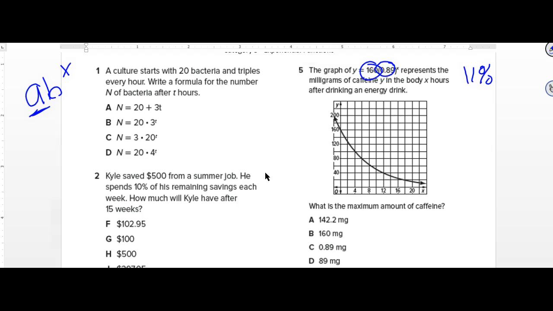The question asks, though, what is the maximum amount of caffeine? Well, it's in the problem, the starting amount, 160. If we didn't remember that, though, we can look at the graph. My y-axis is right here. The starting amount, I don't care about negative hours ago, so this part I can ignore. This is what I care about right there. The starting amount, 160. And from there, it goes down.